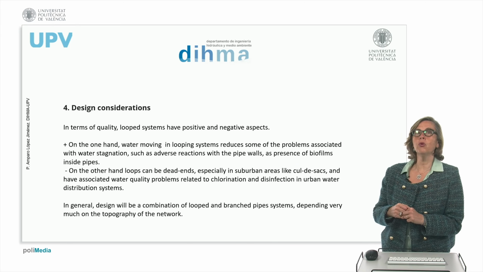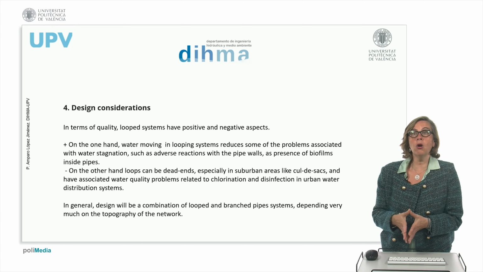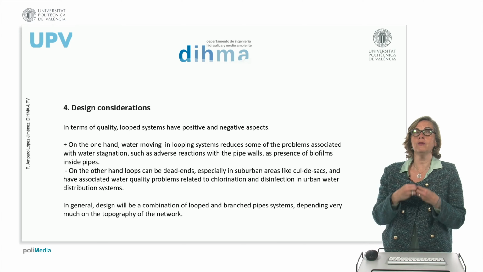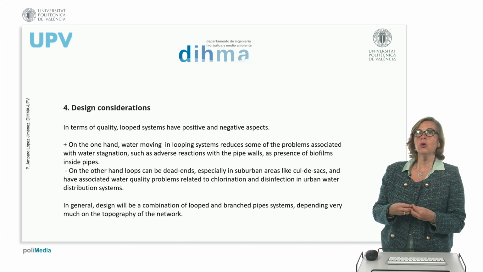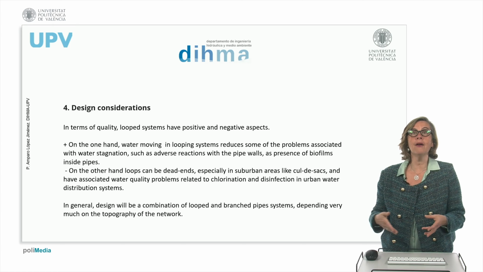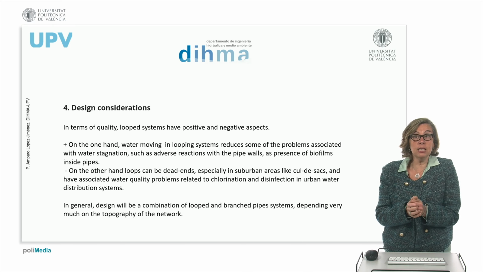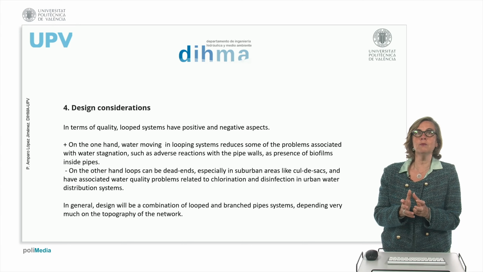In terms of quality, on the other hand, if we have the water always moving, we will always have good quality. So in a looped system, we have a reduction of the problems associated with water stagnation because we always have movement.